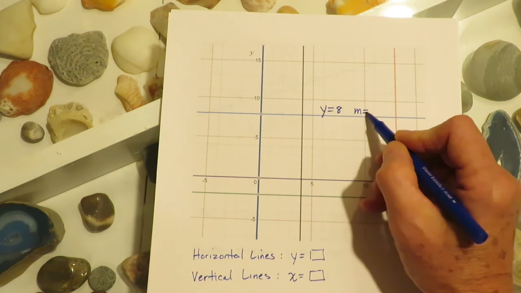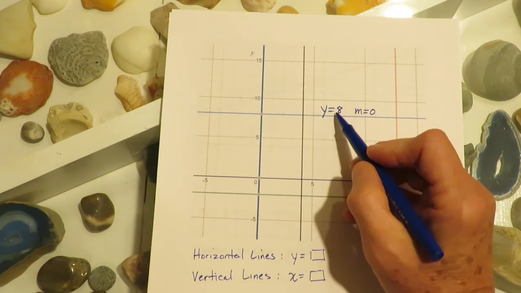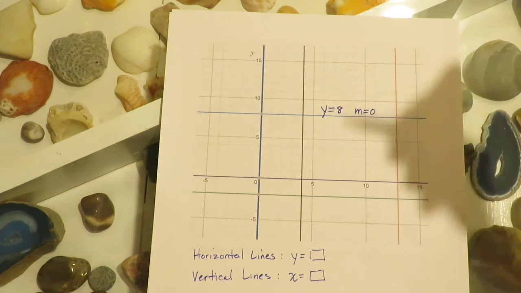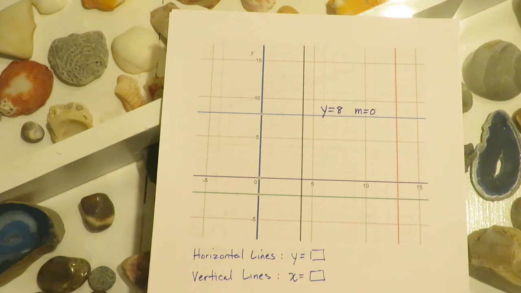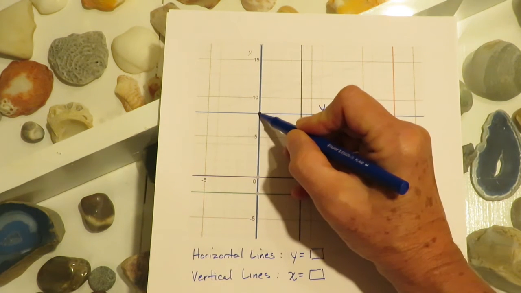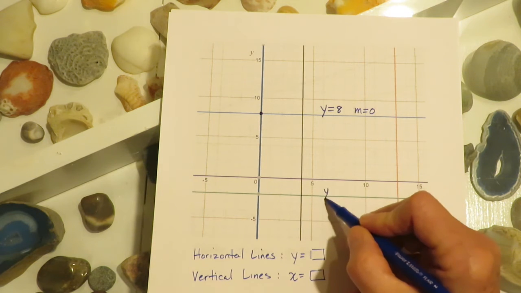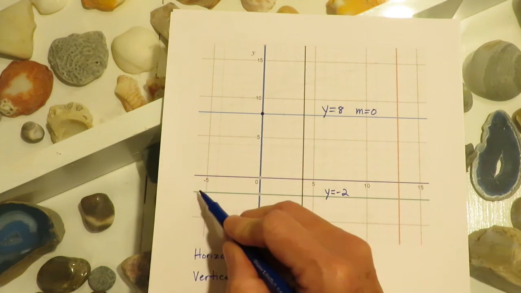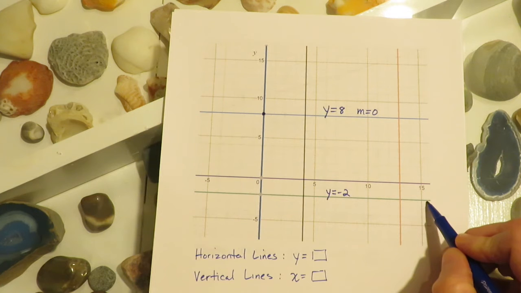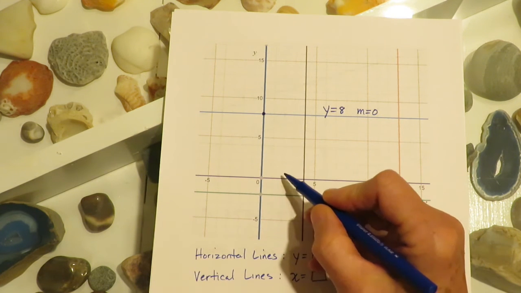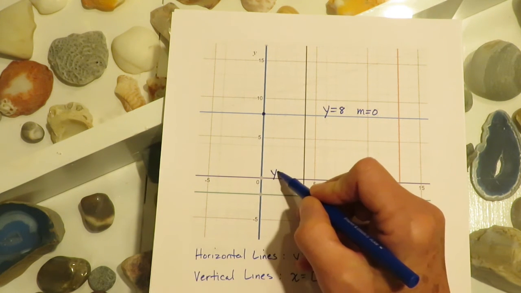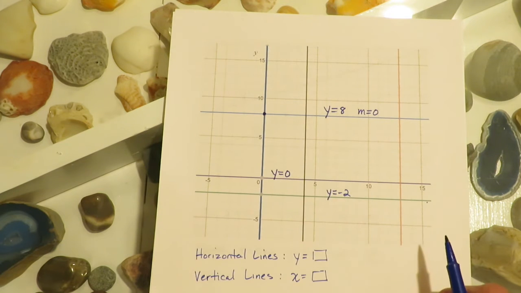On any horizontal line, the slope is 0, so there is no x term because it would be 0 times x plus b, and the b is going to be the same y for every point on the line. This line would be y equals -2 because all of the y's are at -2. This is the x-axis, and its equation is y equals 0 because all the y's are 0.